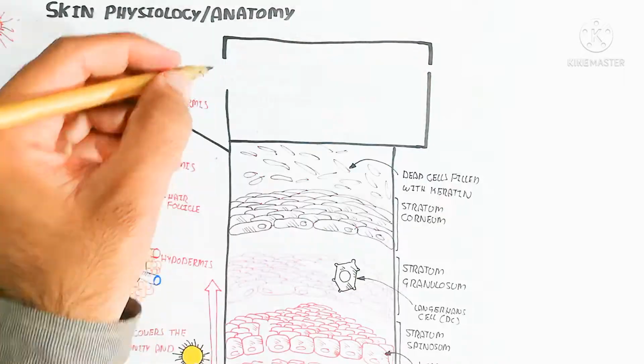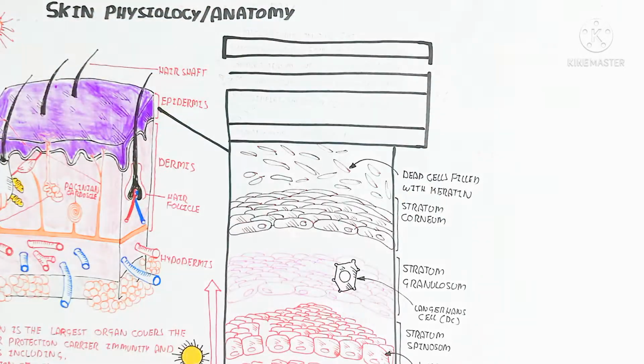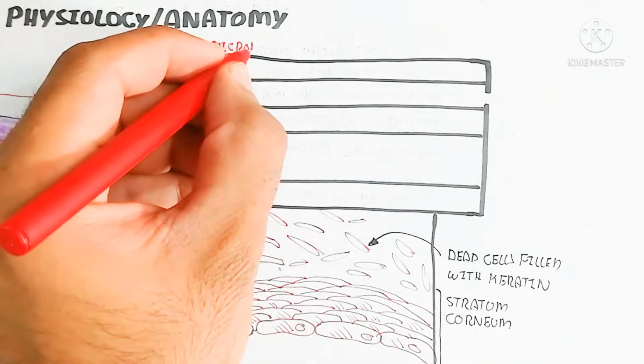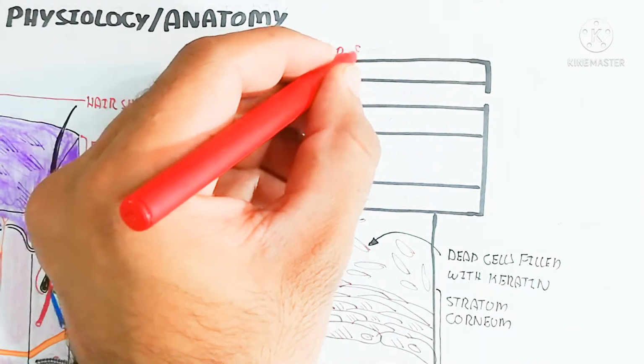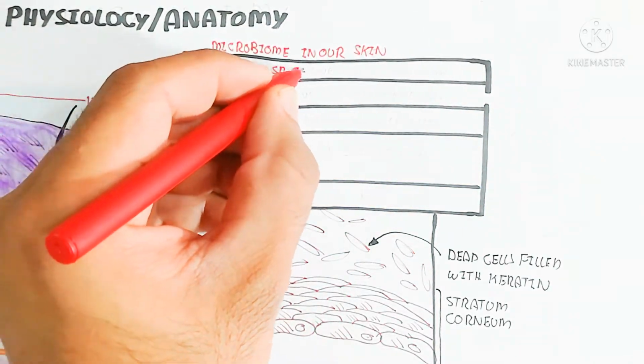In this way, here you can see the microbiome in our skin. Microbiota are present in our skin. Here we will discuss just three examples. Streptococcus species, which is gram positive and causes the diseases folliculitis and impetigo.